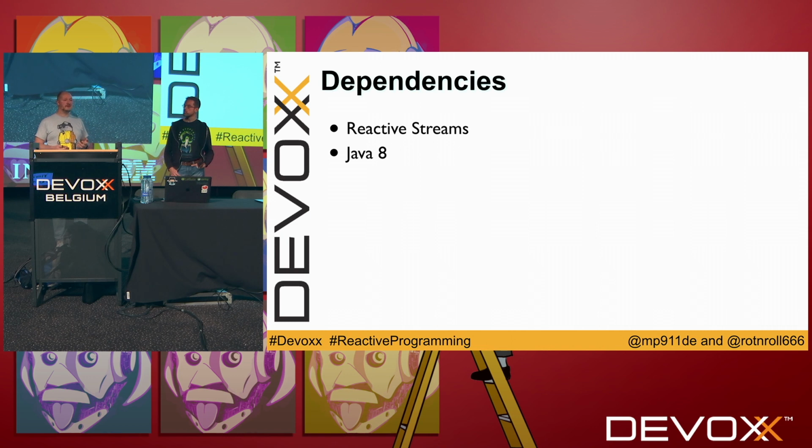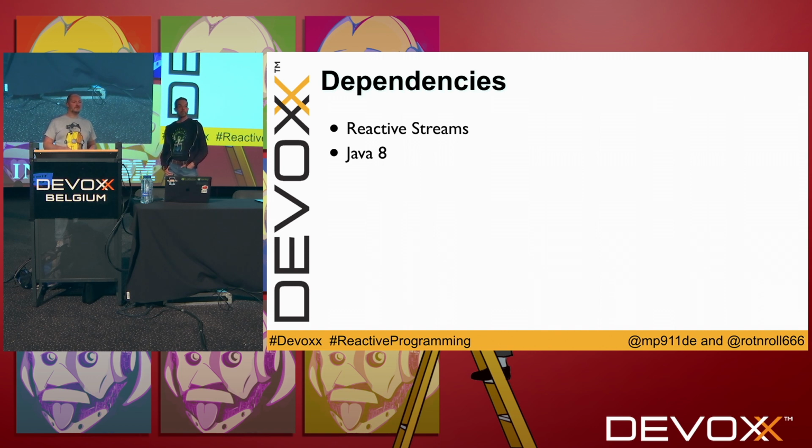And as you probably have learned already, the Reactive Streams specification is one of the foundational parts of reactive programming on the JVM. Prior to Java 9, Reactive Streams was exclusively available as a third-party dependency from the reactive-streams.org group, and you need to pull that into your code.